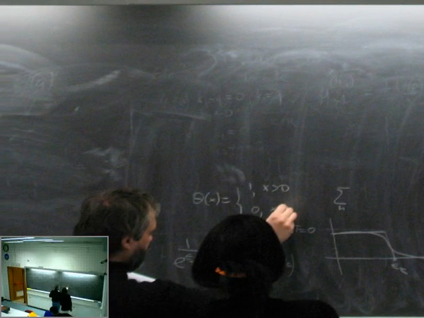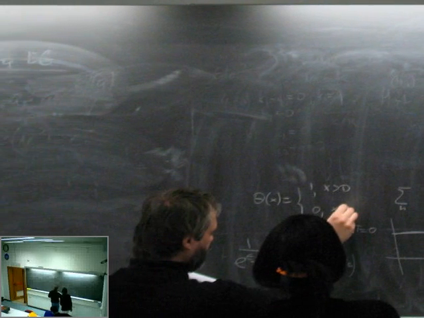if temperature is equal to 0, then 1 over e to the power (epsilon minus mu) over temperature plus 1 is equal to theta function of minus epsilon plus mu, where theta function of x is equal to 1 if x is positive and 0 if x is negative.